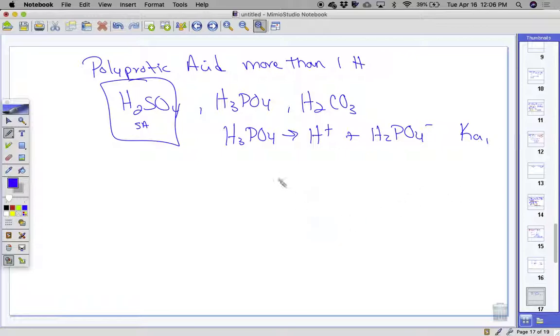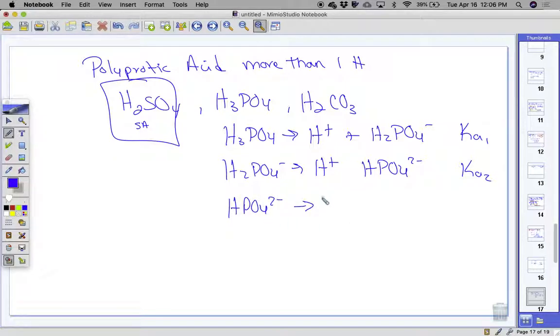The next H to come off is Ka2. The last H to come off, leaving PO4 3 minus, is Ka3. It will always be that Ka1 is bigger than Ka2, which is bigger than Ka3.